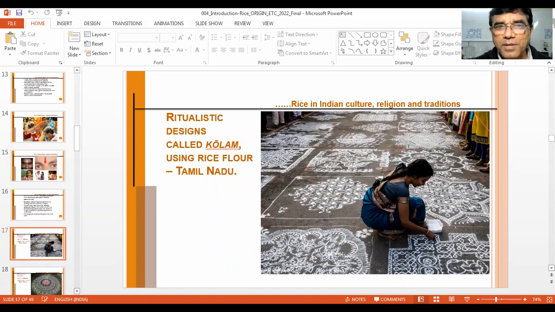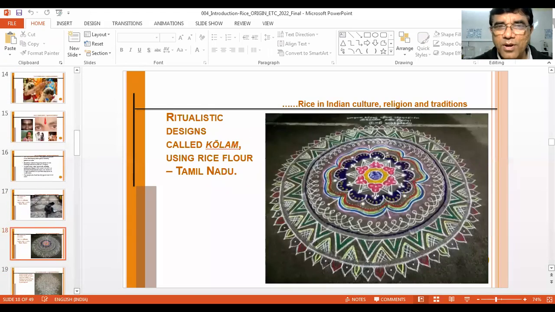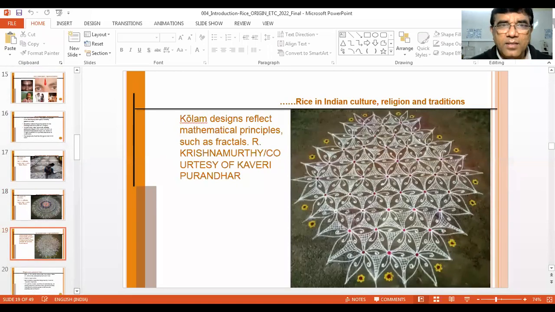This particular art is known as kolam, K-O-L-A-M. You can see some more kolam art or designs on the floor made from rice flour. Some color can be put into it, and it can be prepared like this. And then the design reflects mathematical principles in this case.